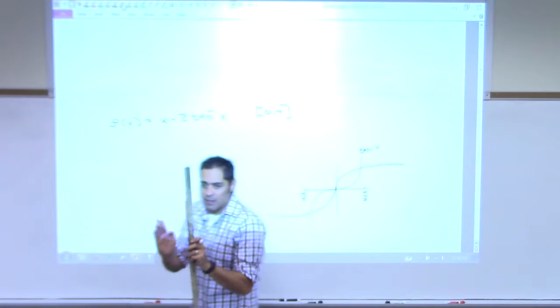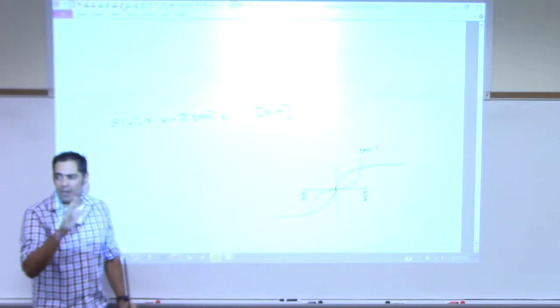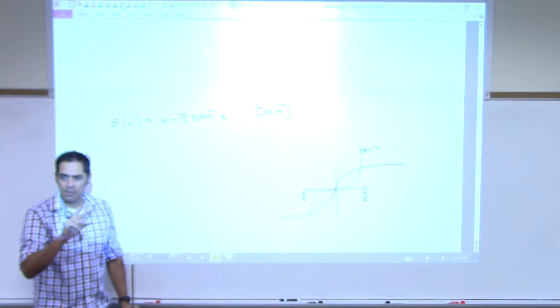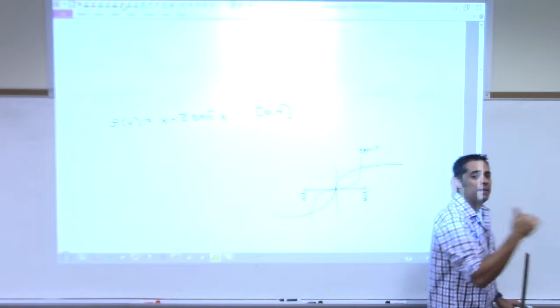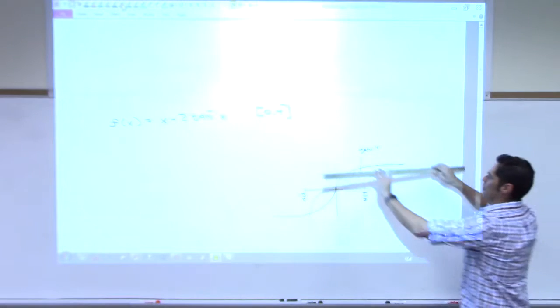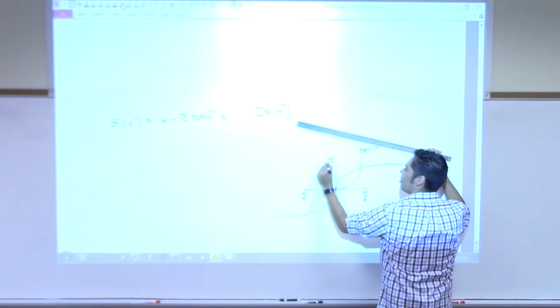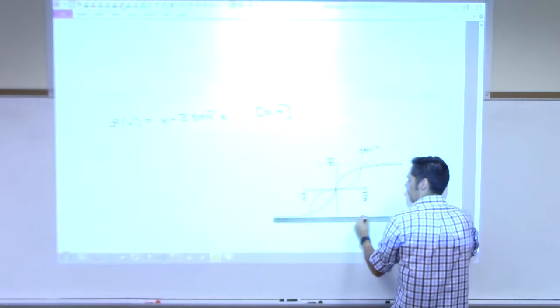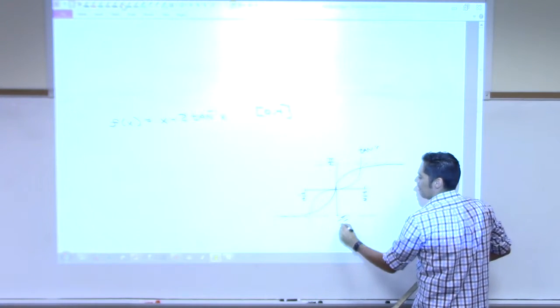If you have a function and its inverse, the domains and ranges switch places. So the domain of a function f becomes the range of its inverse, and the range of a function f becomes the domain of its inverse. In other words, this is pi over 2 up here, and that's negative pi over 2 down here.